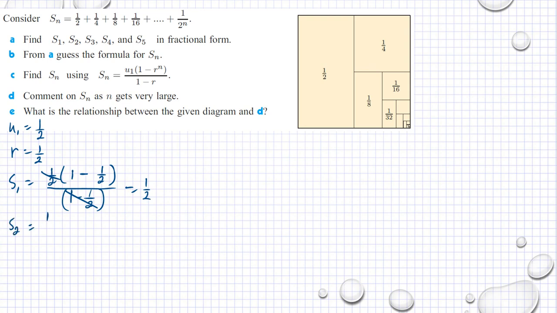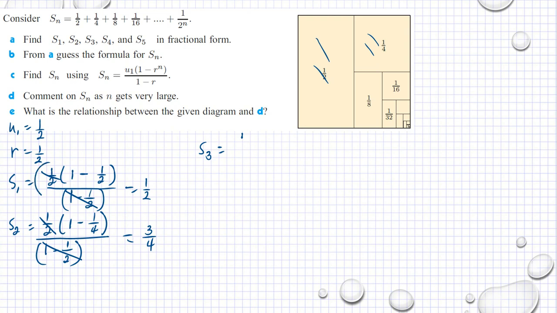S sub 2 is equal to 1/2 multiplied by 1 minus 1/4 now, because 1/2 raised to 2, divided by 1 minus 1/2. Oh, this is also 1/2. Then we have 3/4. Okay, S sub 3.